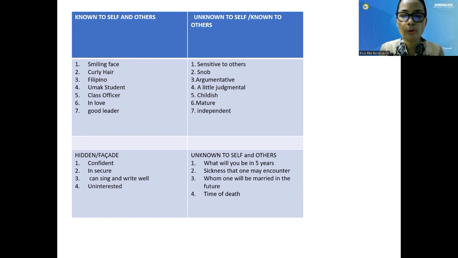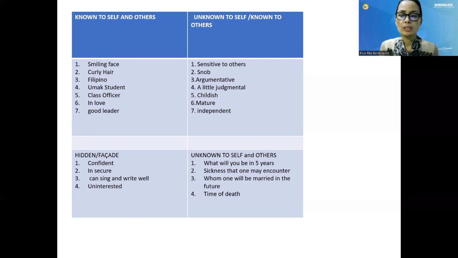And there's also part of the self, yung known to self, unknown to self and unknown to others. So, nobody knows what you will be in 5 years from now. Nobody knows what kind of sickness a person will encounter in the future, kung anong magiging dahilan ng health deterioration ng isang tao. Yung iba nga, namamatay sila hindi sa totoong sakit nila, kundi dahil sa komplikasyon.